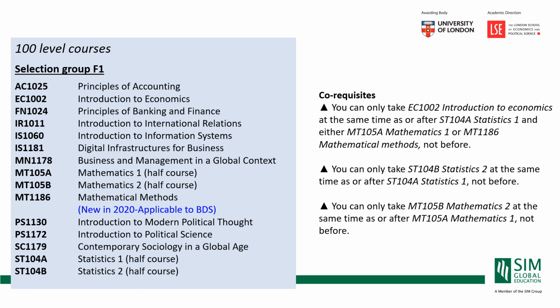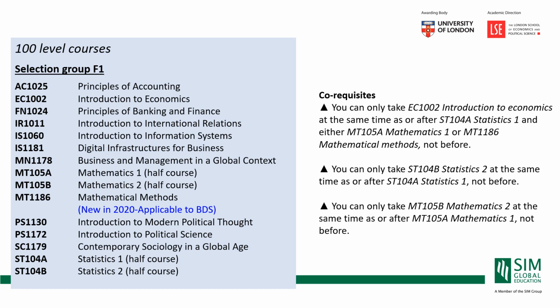There is a reason behind that. Basically, EC1002 Introduction to Economics requires some level of mathematical competency, and students need to accumulate these skills along the way while studying for EC1002. This skill can be accumulated by taking ST104A or MT105A Mathematics 1.